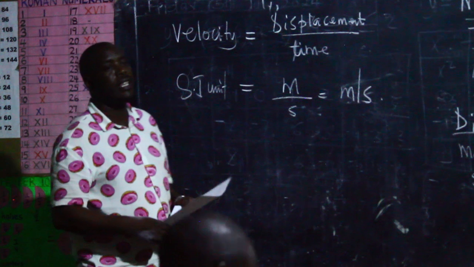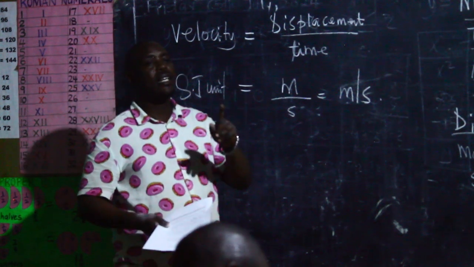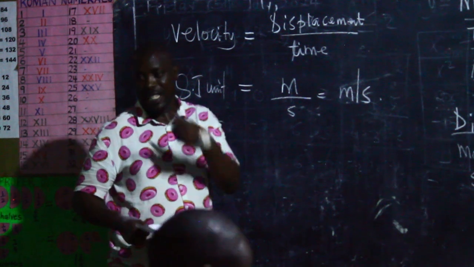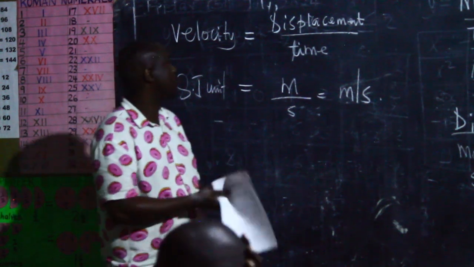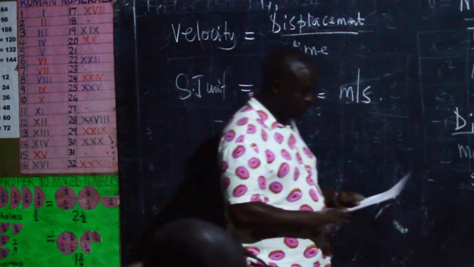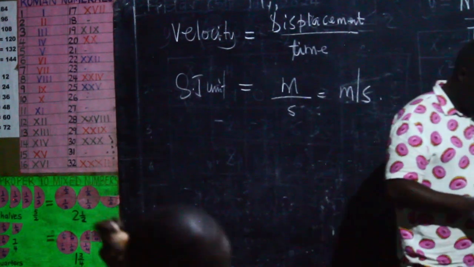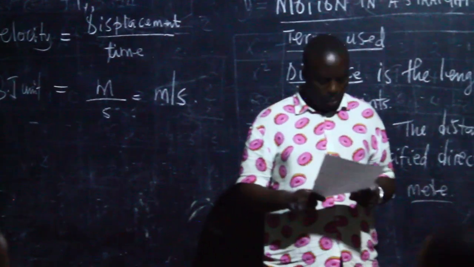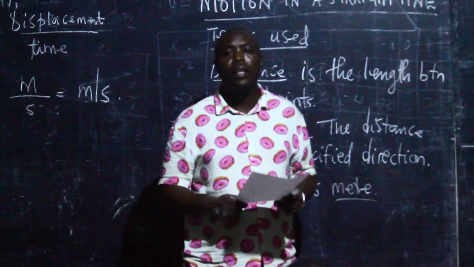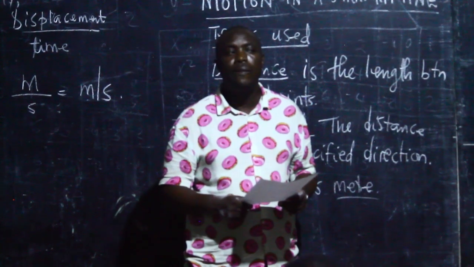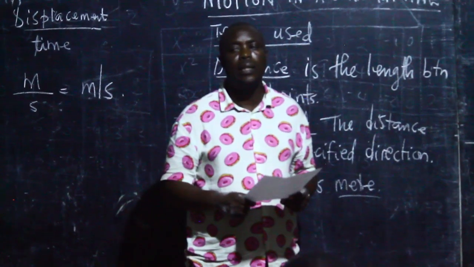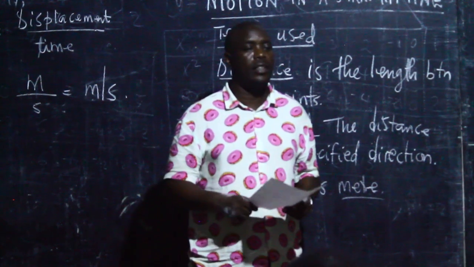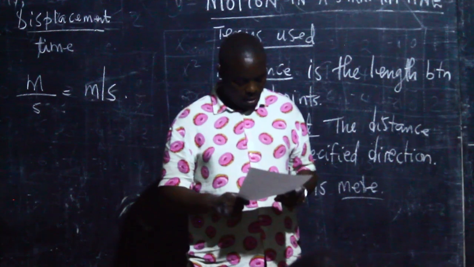The only difference is that for velocity you specify direction, for speed you don't. So can you give me the difference between speed and velocity? Speed is a scalar quantity, velocity is a vector quantity. Any other?